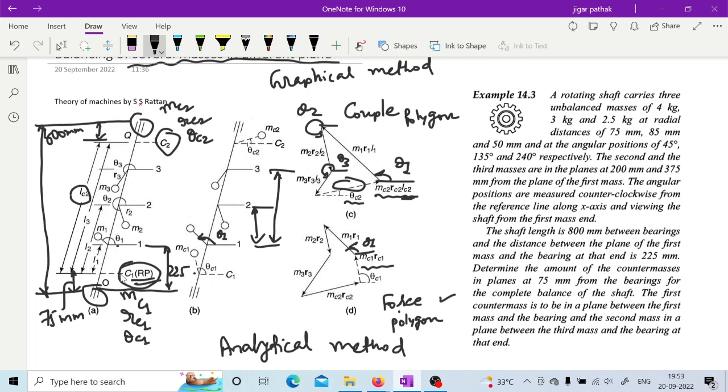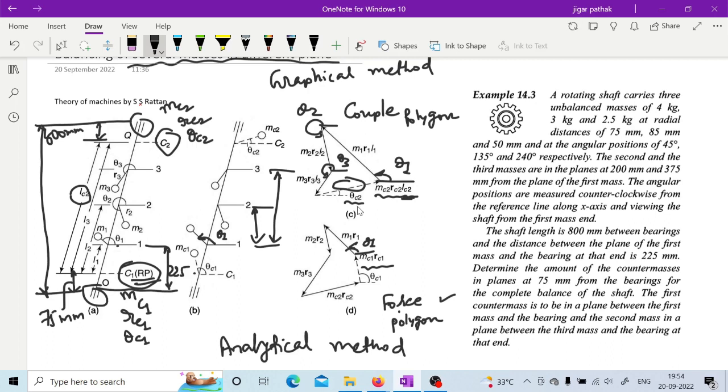Sir, in the graphical method, if we mess up the direction, then the problem becomes a bit complicated. In the analytical method, calculating such problems would be easier, but it is time consuming. For the graphical method, while drawing the vector diagram, sometimes I face a problem with the direction.